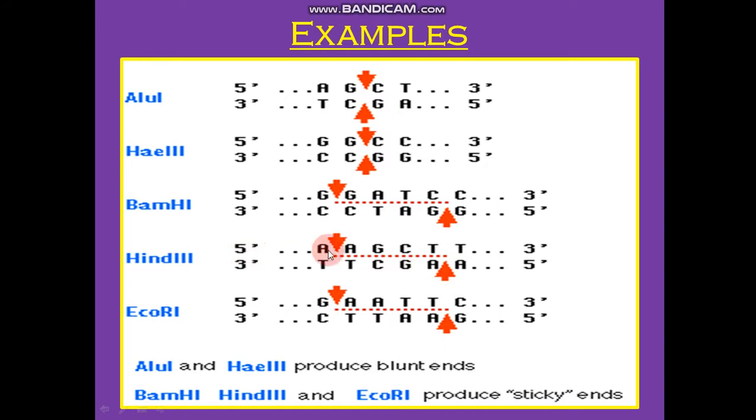Then at the 5 prime end, one strand will have only A left over and the other strand will have TTCGA left over. And this strand which will be produced will have TTCGA left over from the 3 prime and only A left over at the 5 prime. So it will be cut along the dotted line, the dotted line which is being shown here.